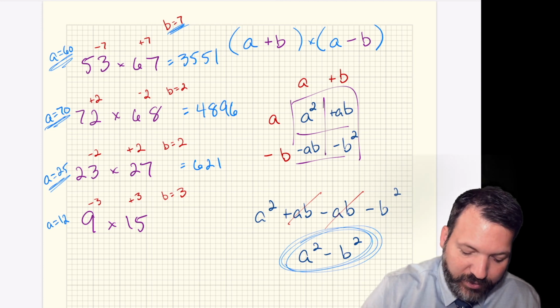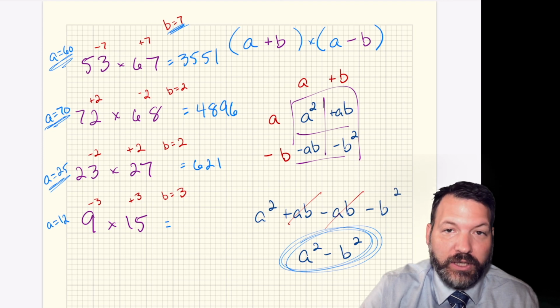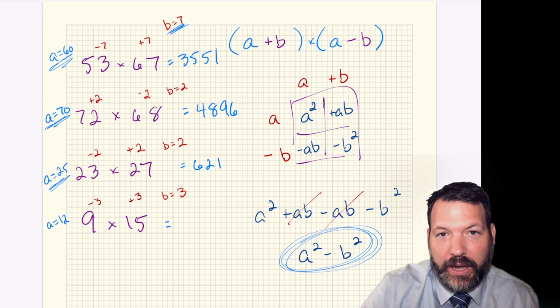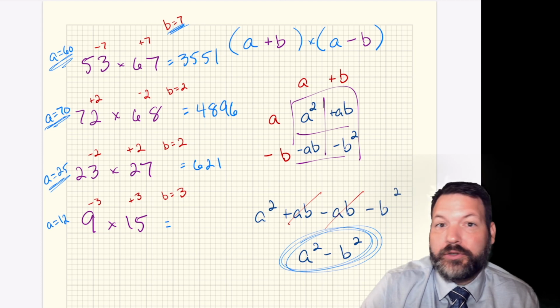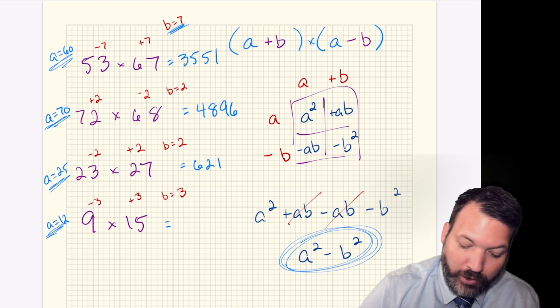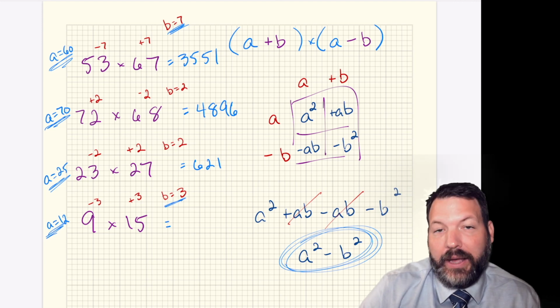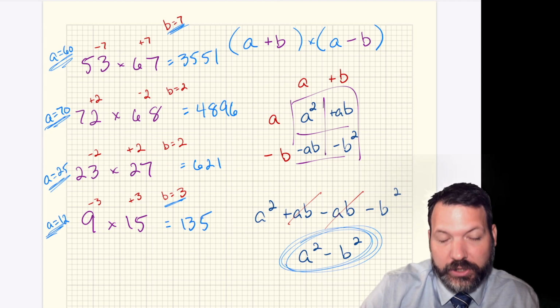I said 9 times 15 was a little weird because you wouldn't typically think of something involving single-digit multiplication, in this case times 9, as a process that requires a trick. And it doesn't require the trick, but the trick can certainly make it easier. I probably know 12 squared is 144. 3 squared is 9, and so 144 minus 9 gets me 135, which is the product there.